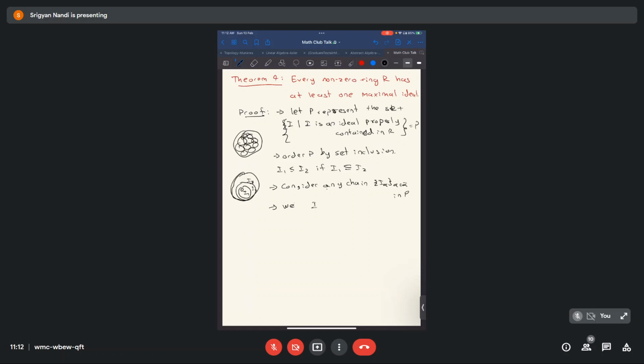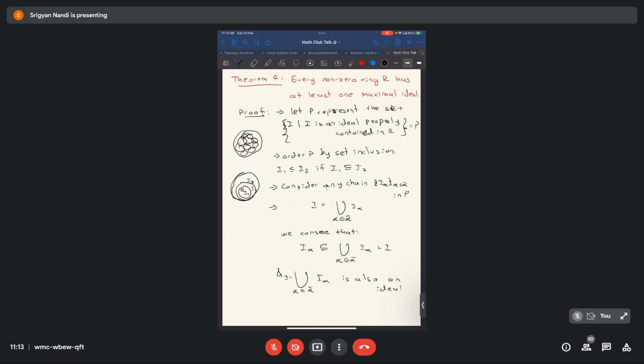by considering the ideal I to be equal to the union of all the ideals that we considered in the chain. From this, we can see that for every ideal I alpha in this chain, I alpha is contained in the union. So I alpha is contained in I. And again, this is a rather elementary proof, which I will not be doing: the union of all these ideals in the chain is also an ideal.